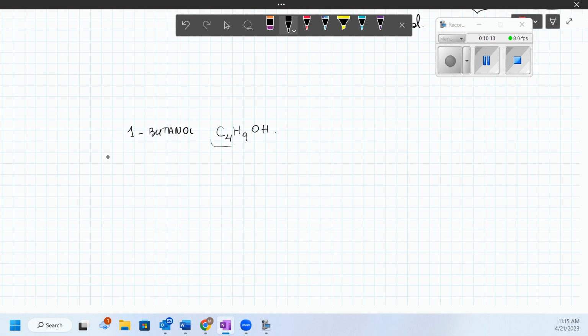Now, when you see this, the very first step, as I said, is to identify the number of each atom in the compound. So you have 4 carbon, and then you have 9 hydrogen, and then you have 1 oxygen, and then you have 1 hydrogen. You can combine the 9 and 1, but it will be the same thing if you are doing just what I'm doing.